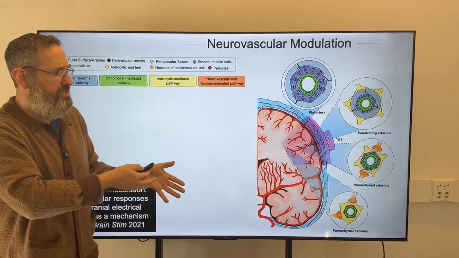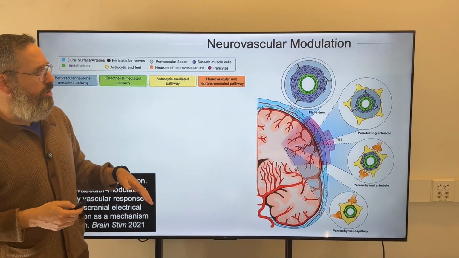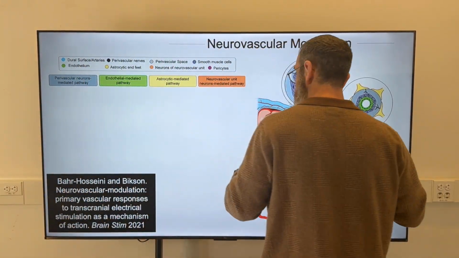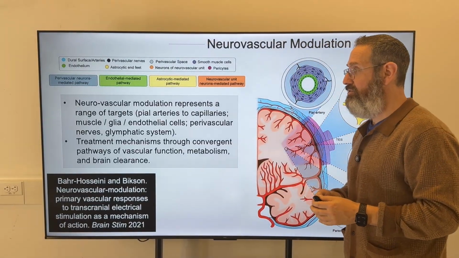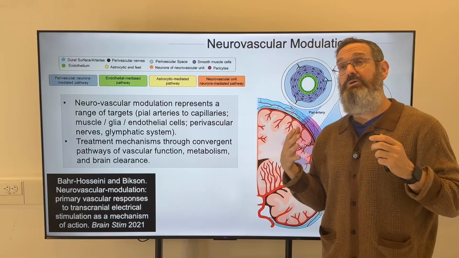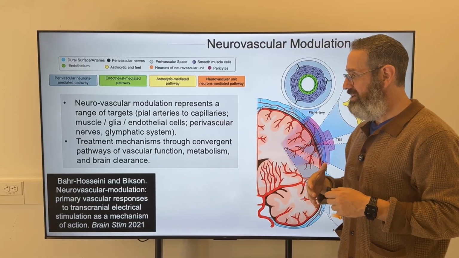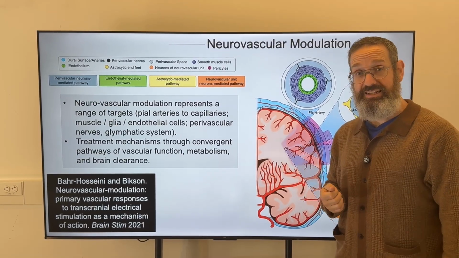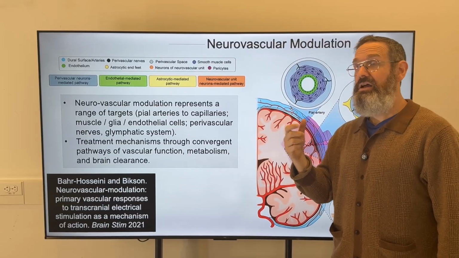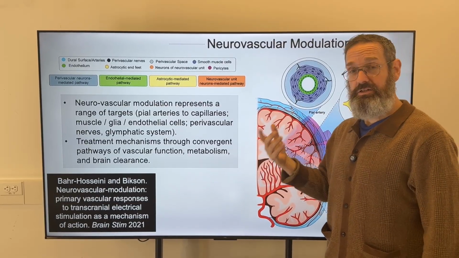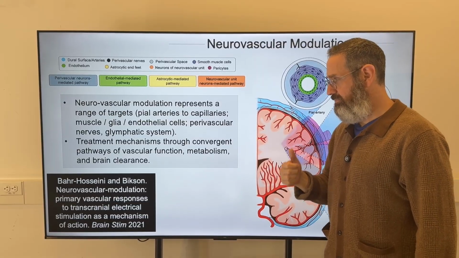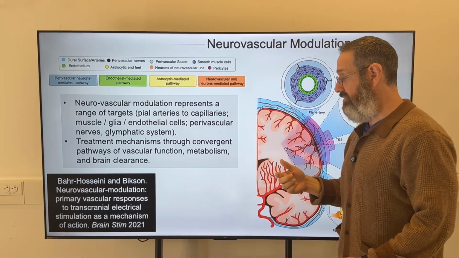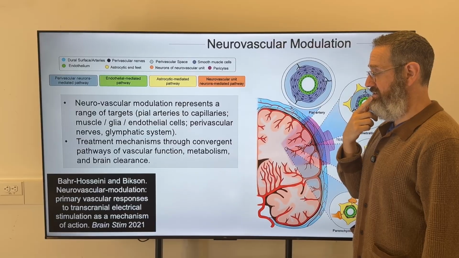You have everything from the smallest capillaries to the largest arteries to these pial vessels that then dive into the brain. All these represent potential targets for neurovascular modulation. And so when we're talking now about neurovascular modulation, it's really an exciting constellation of targets and potential mechanisms, including mechanisms that in fact impact brain clearance, and I'll talk a little bit more about that. And so I think from a therapeutic mechanism pathway, neurovascular modulation is very compelling.